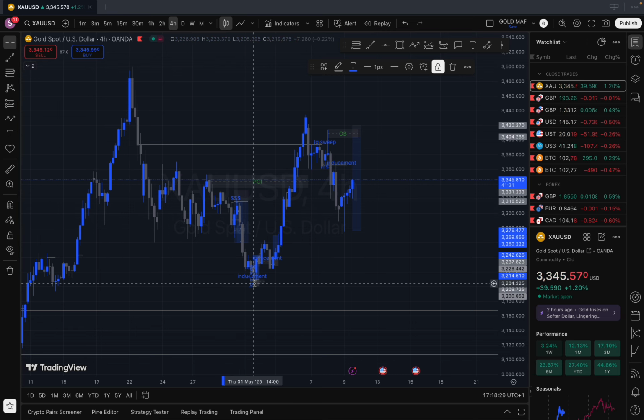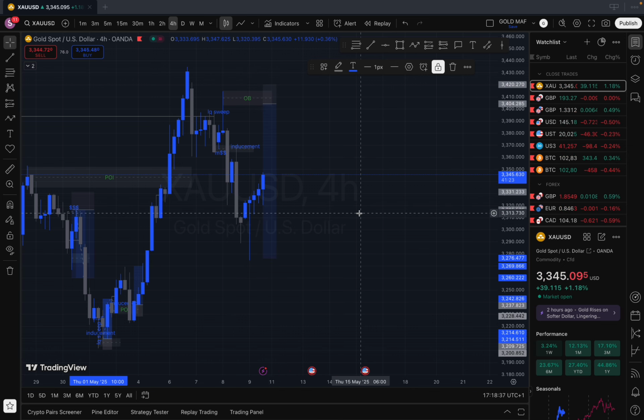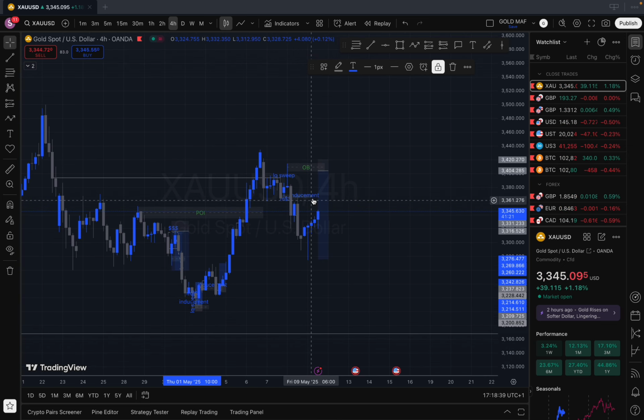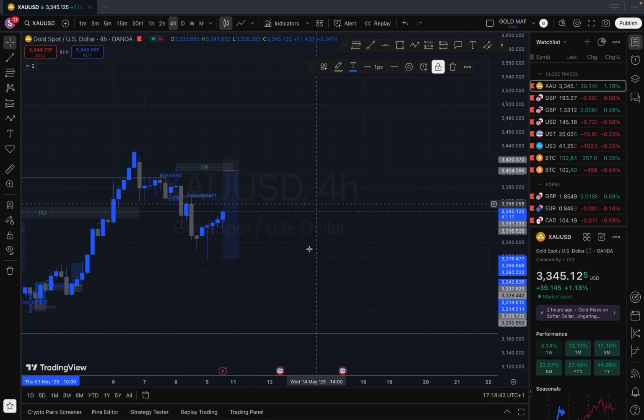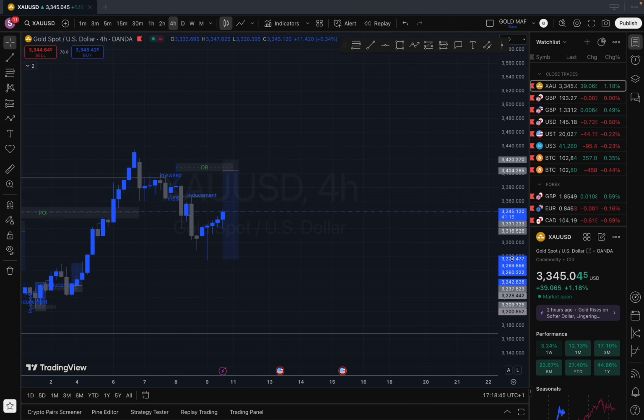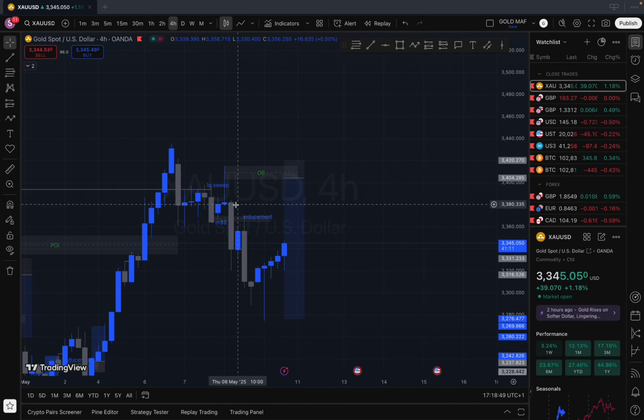Now price came here and created another low here. Now this is my trading range, but internally there's what they call a trading range. I'll explain that later. I don't want this video to be long, but internally, in my marked order block, price still swept liquidity there, broke structure and created an inducement.